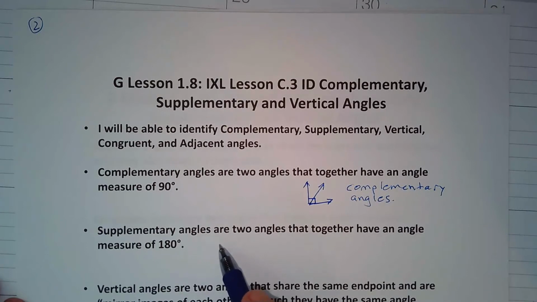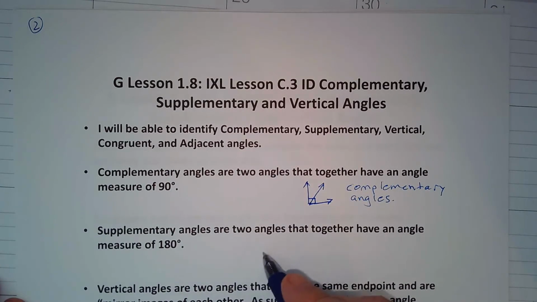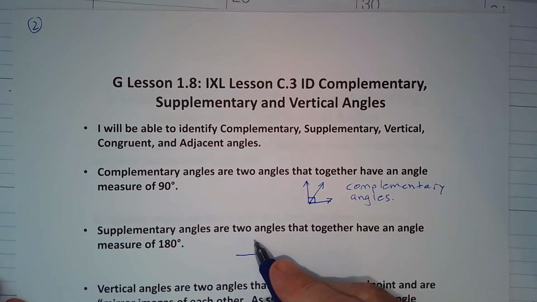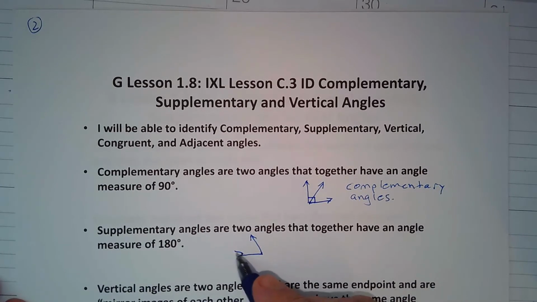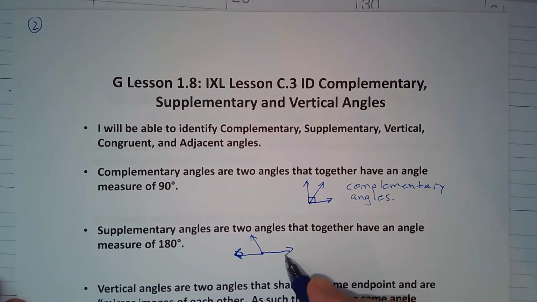Supplementary angles are two angles that together have a measure of 180 degrees. So that would be something like, so there's your first angle. Oops, that's an arrow. And here's your second angle.